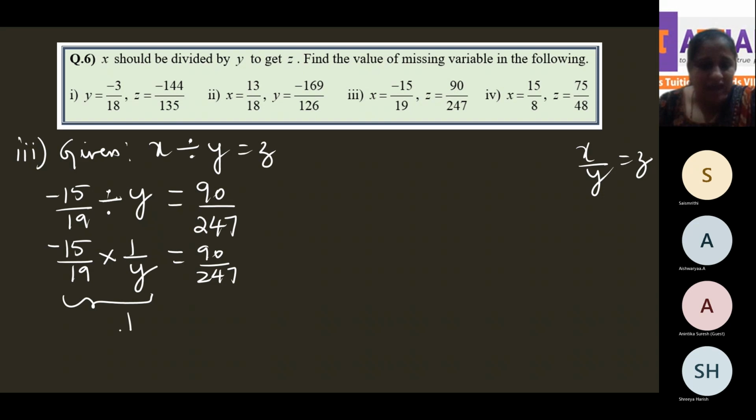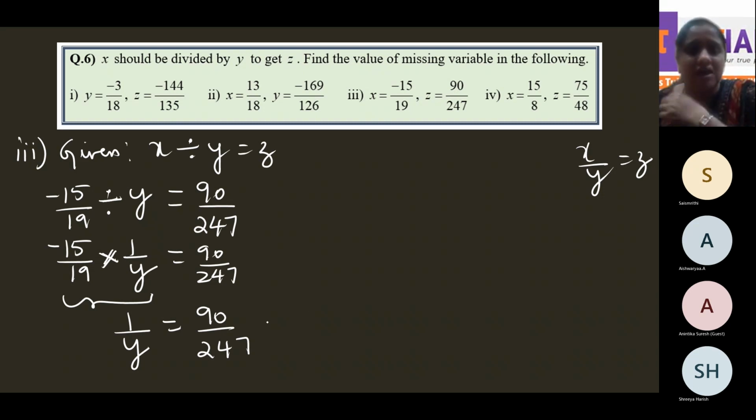So write 1 by y as it is. Write this equal to sign. Write this fraction 90 by 247. Now minus 15 by 19 is connected with the product sign, meaning it's in multiplication on one side. So now on the other side, divided by minus 15 by 19. So instead of showing the division sign, write multiplication and write its reciprocal.